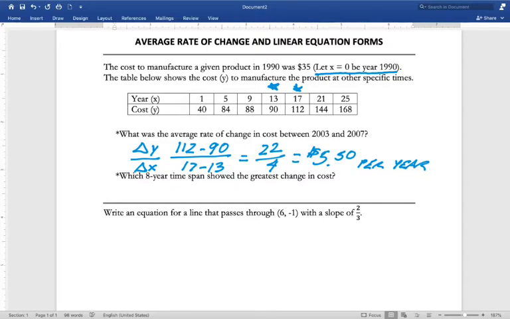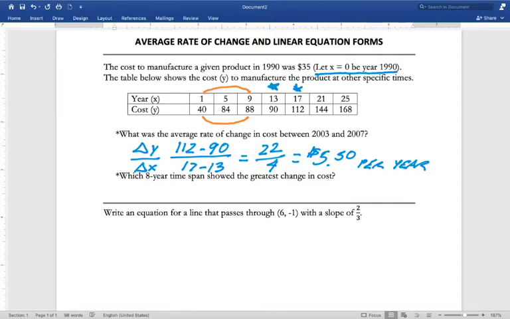Now, the second part of this problem: which 8-year time span showed the greatest change in cost? Basically what we've got to do is look at the table and think about 8 years. Well, from year 1 to year 9, that's 8 years. So from 40 to 88, that difference right there is 48.